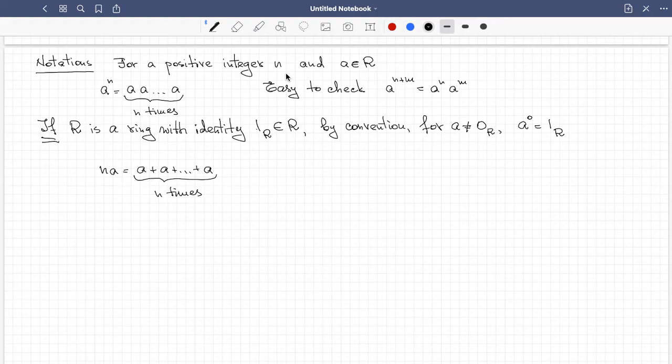We will introduce multiplication by a negative integer as well: negative n times a as negative a plus negative a, n times.